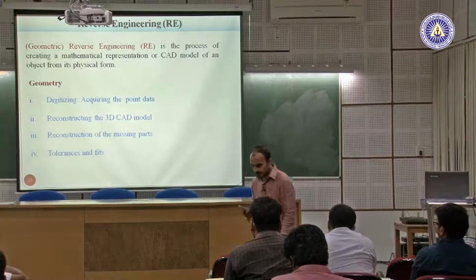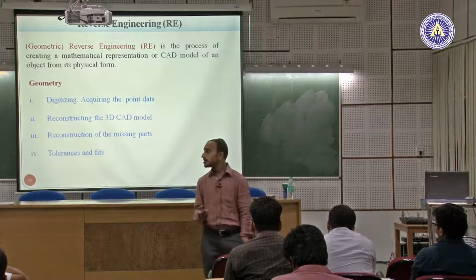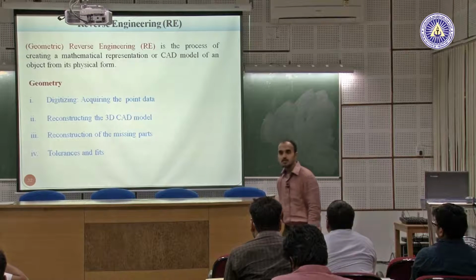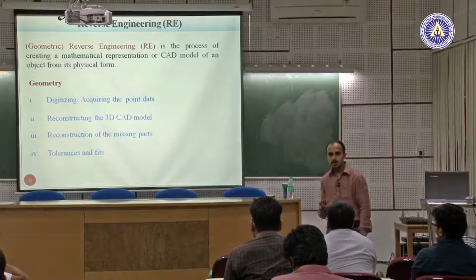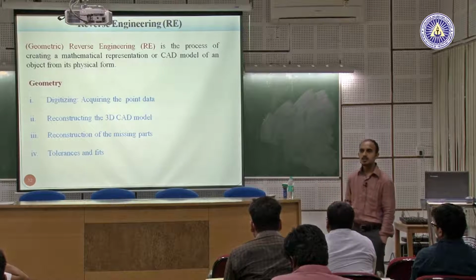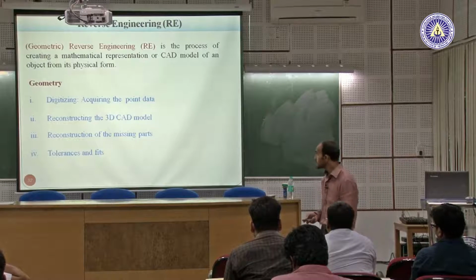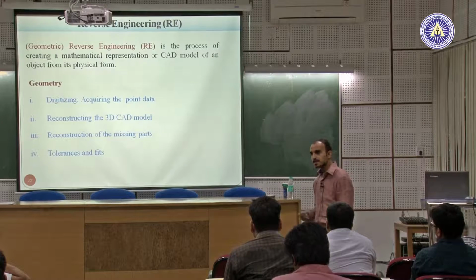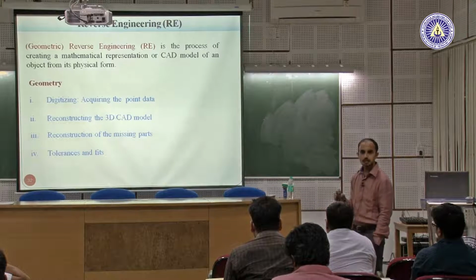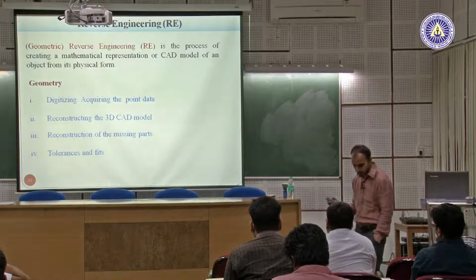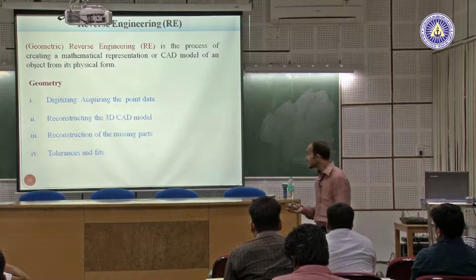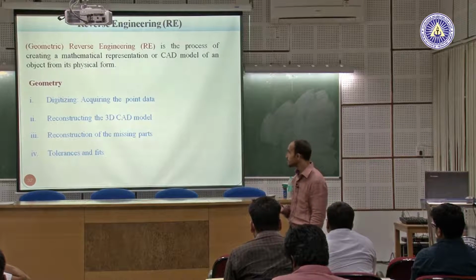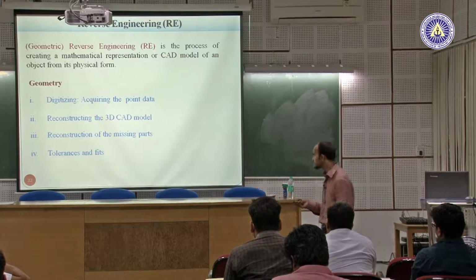So we need to acquire some point data from that model by using different non-contact and contact methods. Further, this data is transferred to software which creates the 3D model. And if there is some missing part, we can also reconstruct that missing part.